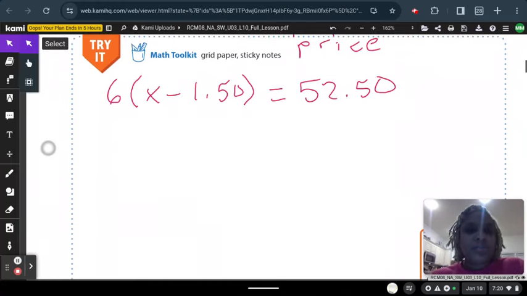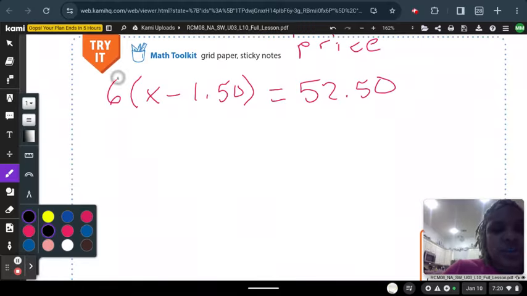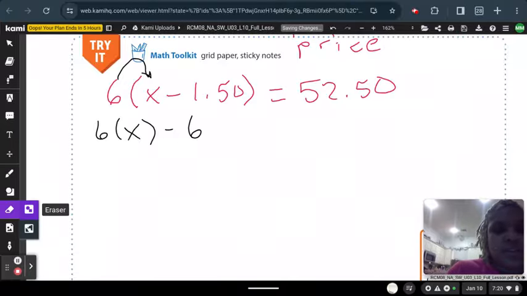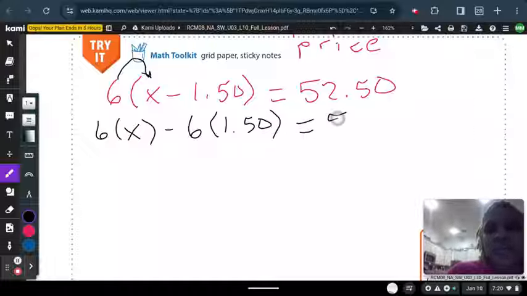All right, now that you solved it on your own, let's go ahead and check your work. So you do the distributive property. So you have 6 times x minus 6 times $1.50 equal $52.50.